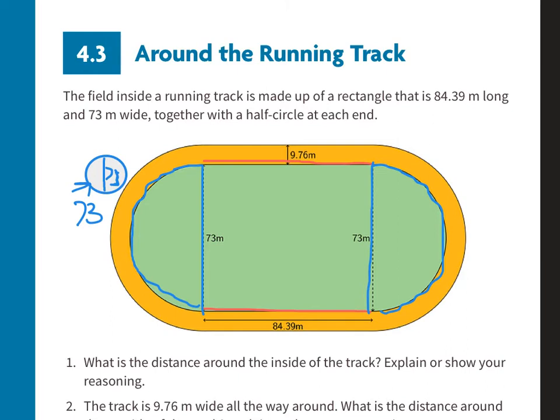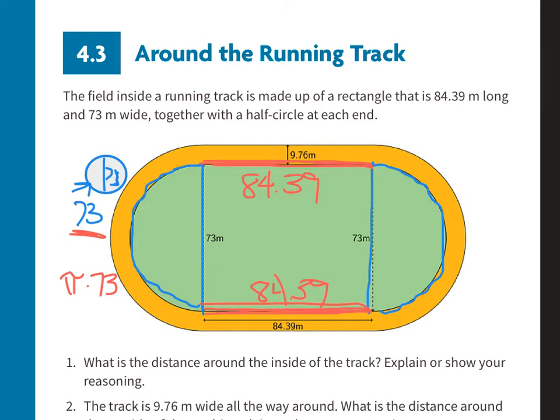Okay, so I need to find the circumference and then add the 84.39 for the top and the 84.39 for the bottom. Sorry, 9.76 is the width. So to find the circumference of that circle, I'm just going to go pi times diameter. Well, my diameter is 73, so I'm just going to go pi times 73.